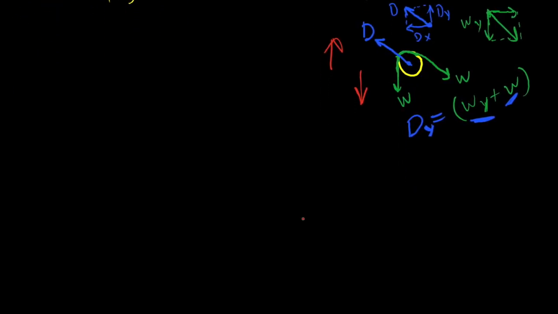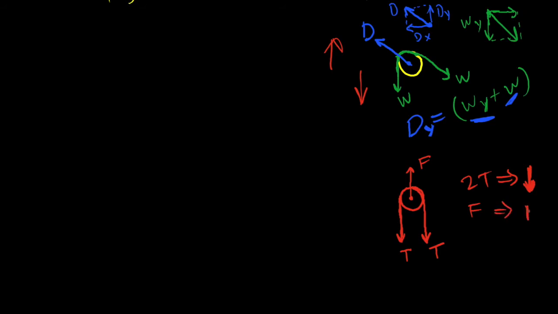To support this point further, I will draw an imaginary pulley that isn't the one in this example. So let's say that this is our new vector F, and we have this vector called vector T. And then we have the other side of the string pointing downwards as well, and we will also call this T. So we have two T's working downwards, and we have F working upwards.